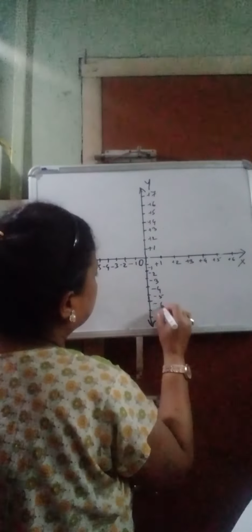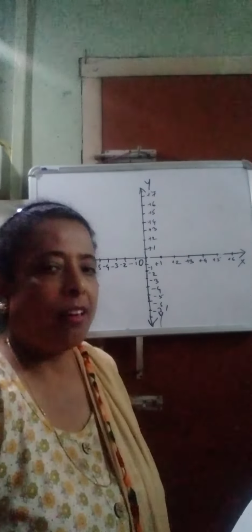On the above side of 0, if we divide the Y-axis into some equal points, then it will be +1, +2, +3, +4, +5, +6, +7 up to infinity. And similarly, if we go below the point 0, it will be -1, -2, -3, -4, -5, -6, -7 up to infinity below.